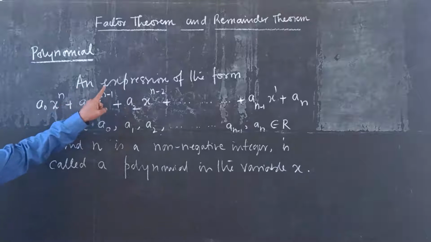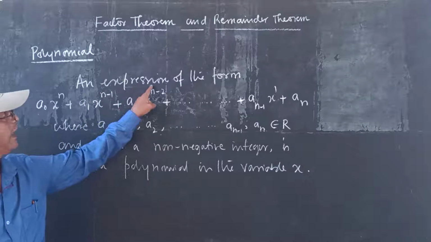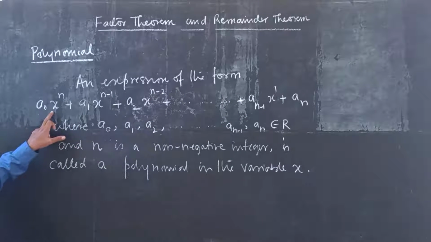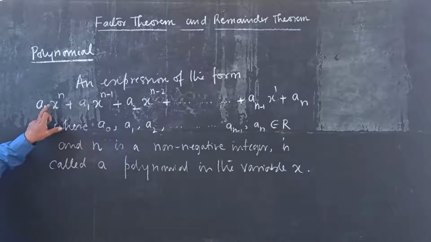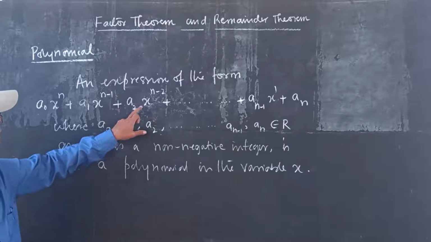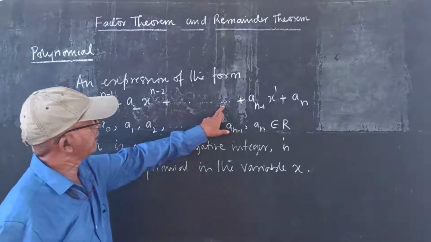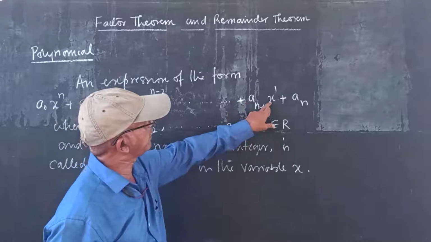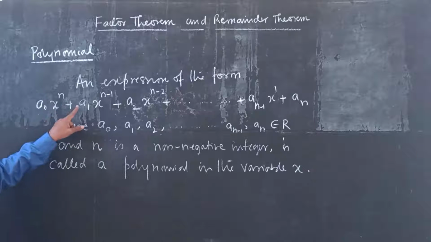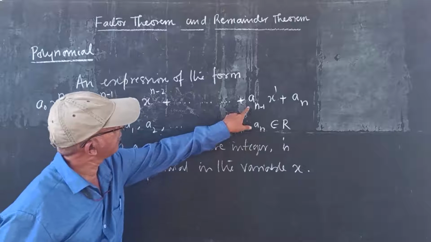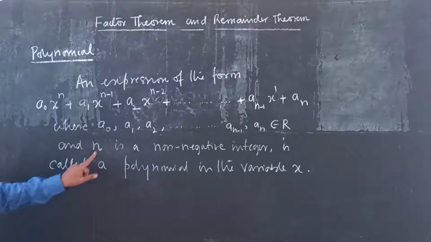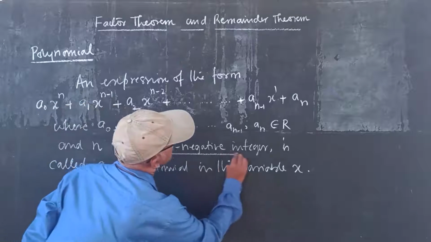So it is an expression. So what is a polynomial? It is an expression of this form. This is the form. A naught into x is understood. A naught x to the power of n plus a1 x to the power of n minus 1 plus a2 x to the power of n minus 2 plus etc. plus an minus 1 x to the power of 1 plus an, where a naught, a1, a2, an minus 1, an belongs to real numbers, and n is a non-negative integer.